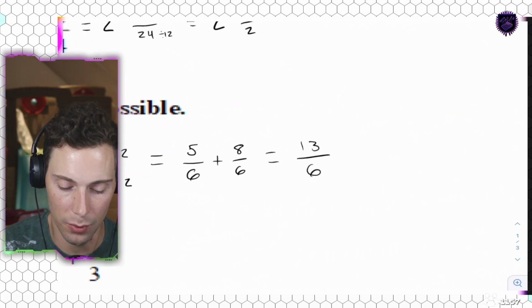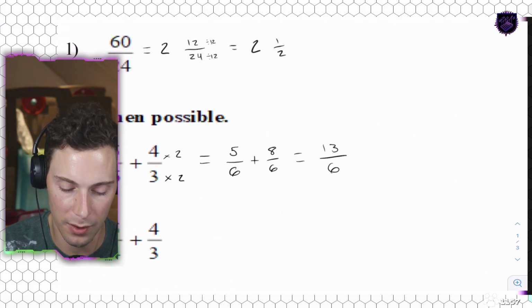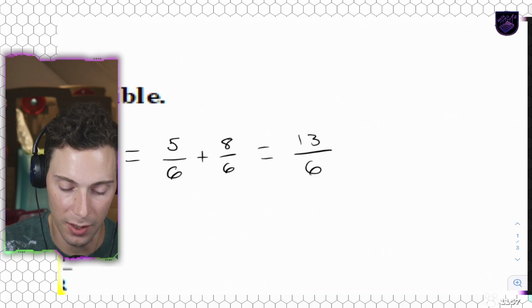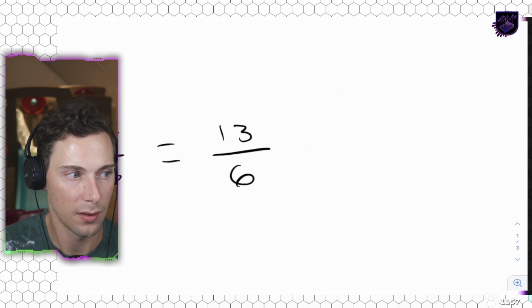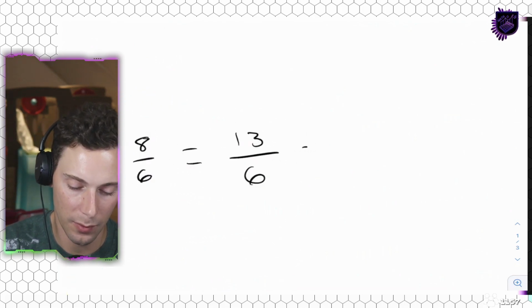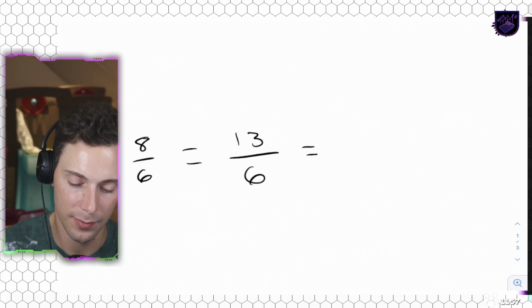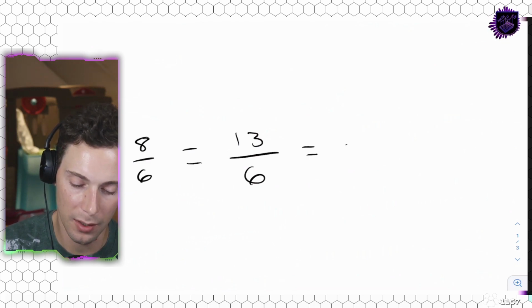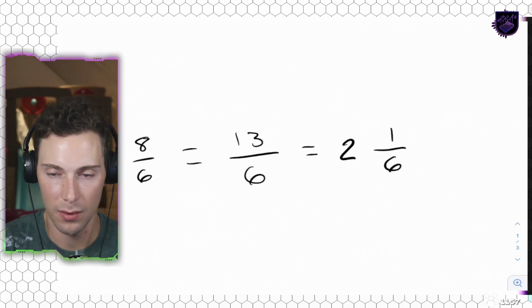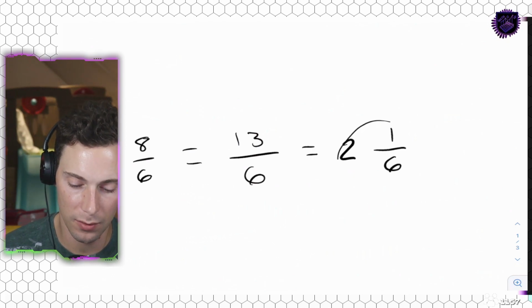And you can get 2 whole groups of 6 from 13/6. So within that 13 here, there is 2 whole groups of 6 and 1 6 remaining. 2 and 1/6 as a mixed fraction.